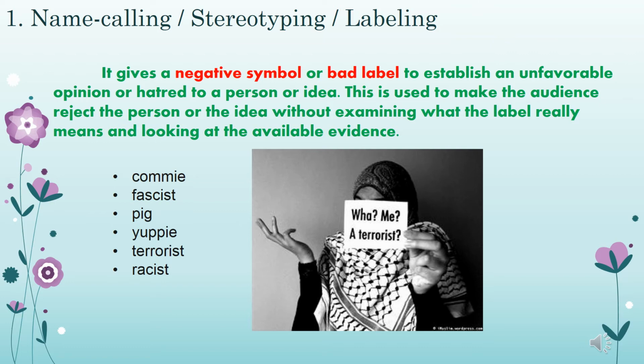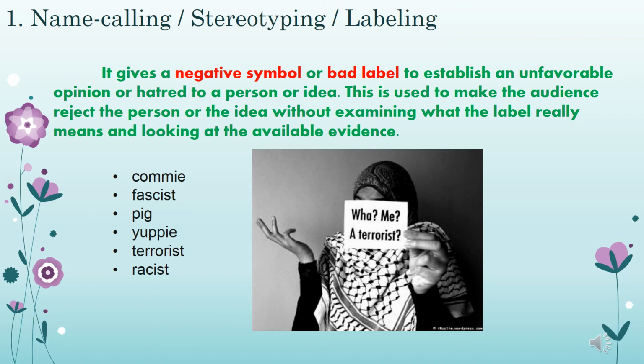Meaning, class, when you see this advertisement or this propaganda, it will make you hate the other person or the idea, because the propaganda is actually made that way. You will just believe that thing even if you don't examine what it really means. For example, commie.